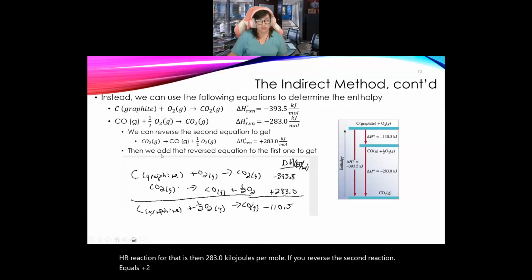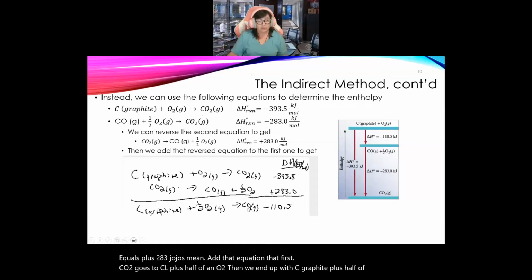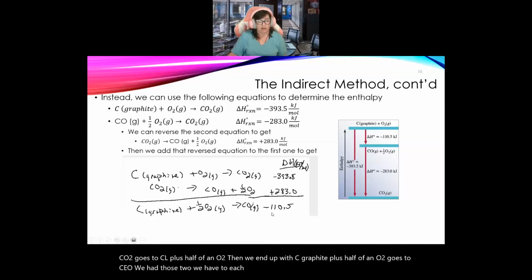We then add that reversed equation to the first one with our delta H values. C graphite plus O2 going to CO2, and CO2 goes to CO plus half of an O2. Then we end up with C graphite plus half of an O2 goes to CO. We add those two delta H values together, and that gives us negative 110.5.